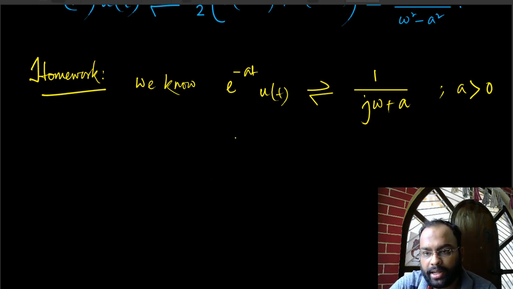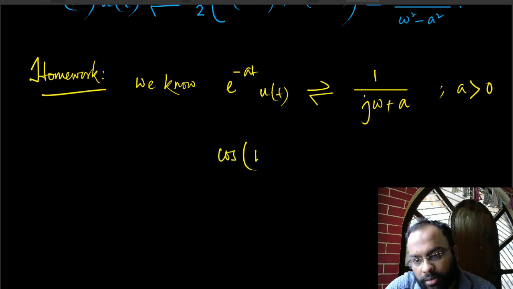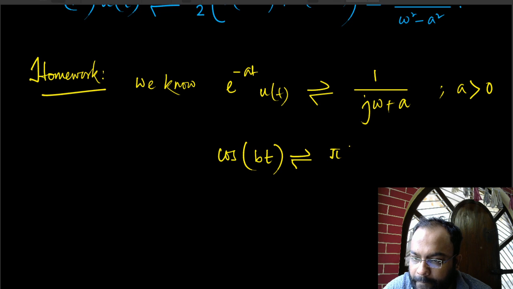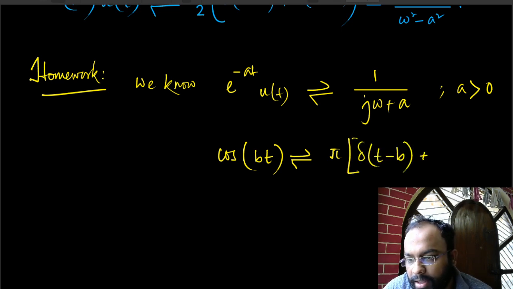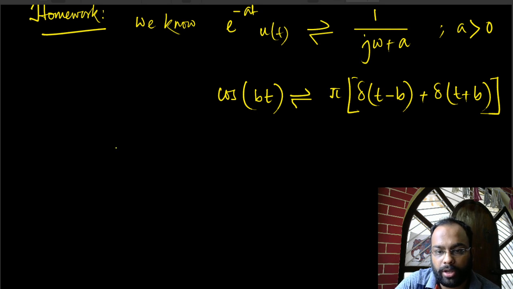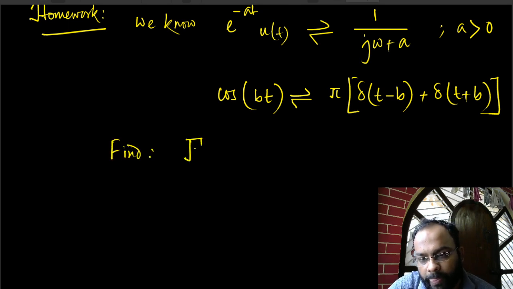And the Fourier transform of cos bt, I'm not writing a because that will just confuse, that's pi delta omega minus b plus delta omega plus b, right? So your job is to find the Fourier transform of the product of these signals.